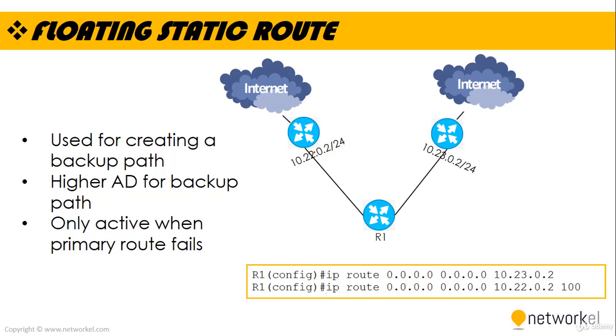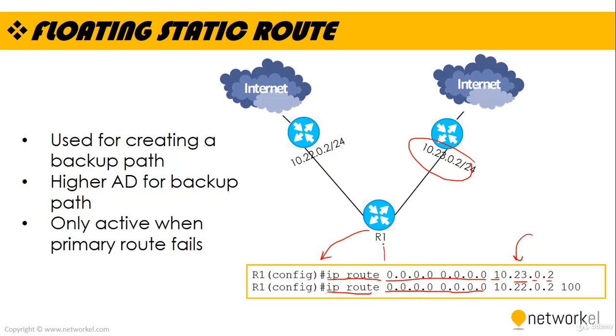For example, in here we have a router, which is router 1, and we have two static default routes configured for this router. In the first route, we are forwarding our packets to 10.23.0.2, which is here.